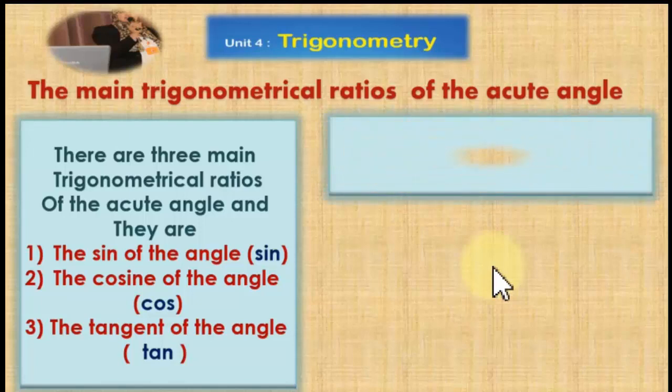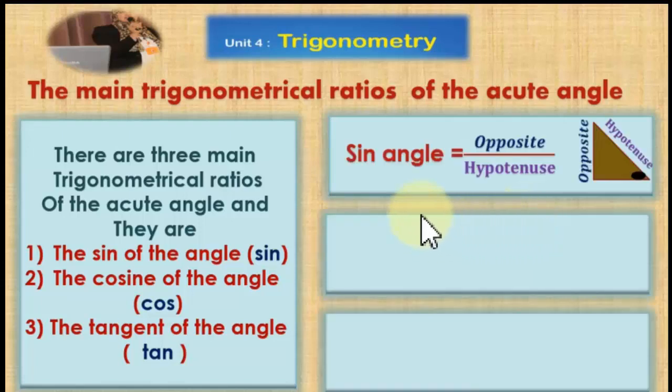How can we calculate the sine, cosine, and tangent of the angle? First, we want to know how can we calculate the sine of the angle. Here we have a right angle triangle. If we want to calculate the sine of this angle, we divide the opposite by the hypotenuse.